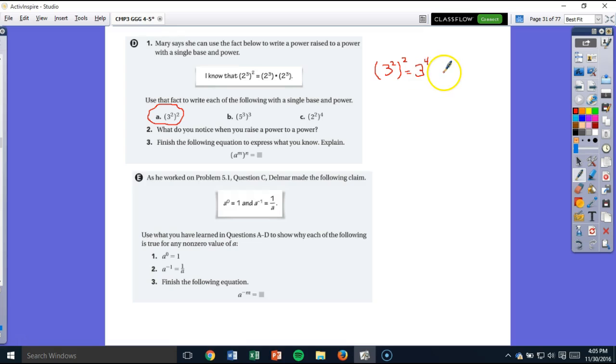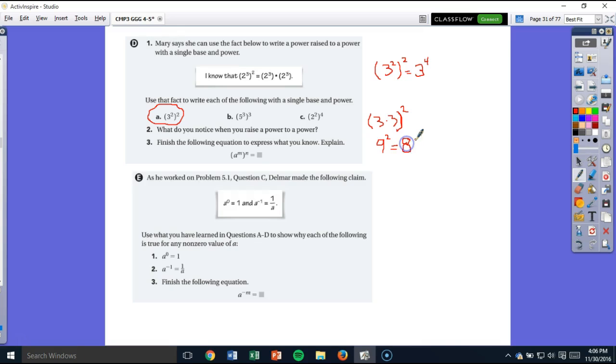And we can prove this out because we can go 3 times 3, and we're going to raise this, that's supposed to be a parentheses by the way, to the second power. Well, 3 times 3 is what? 9. And now we're going to raise that product to the second power. 9 squared is 81.